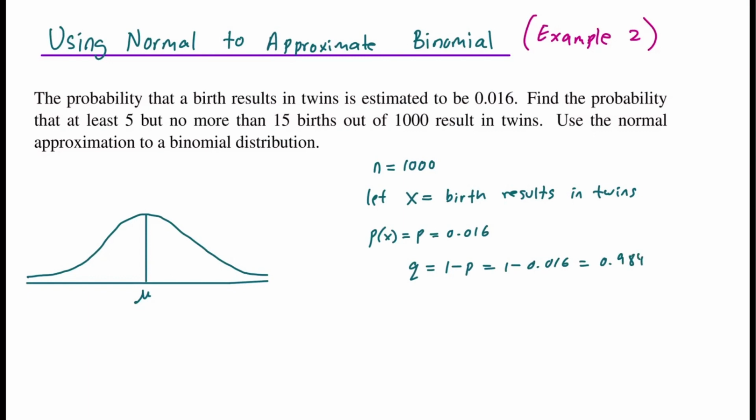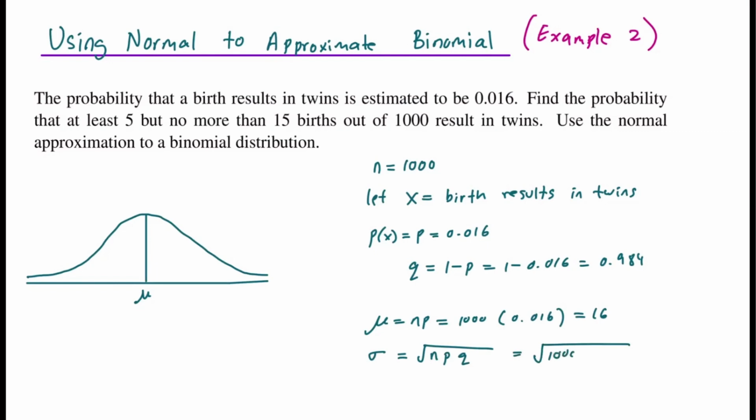Now, since it's a binomial, we can find the mean, which is mu, that is going to be determined by doing n times p. So we know n is 1,000. You multiply that with 0.016, you'll have your mean to be about 16. And then sigma is the standard deviation of binomial. This will be the square root of npq. So this will be the square root of n times p times q.